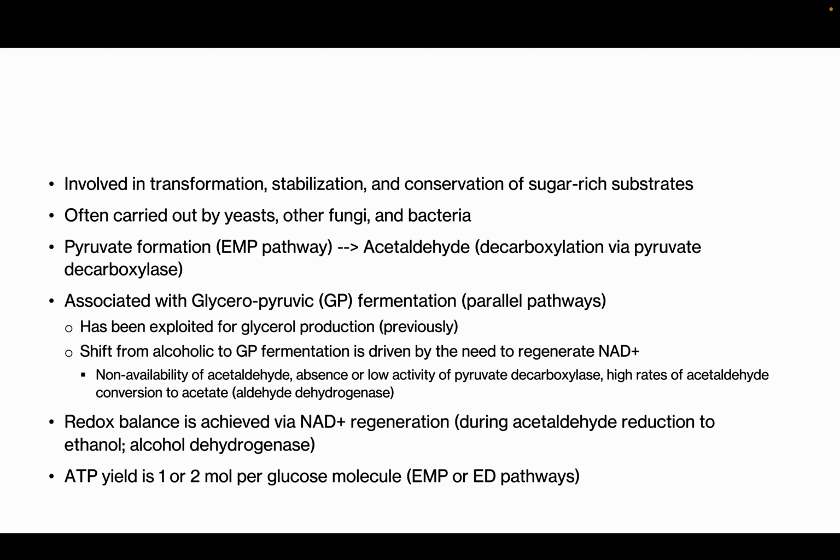During alcoholic fermentation, pyruvate, the end product of the EMP glycolytic pathway, is converted to acetaldehyde via the action of pyruvate decarboxylase. So there's decarboxylation producing acetaldehyde.